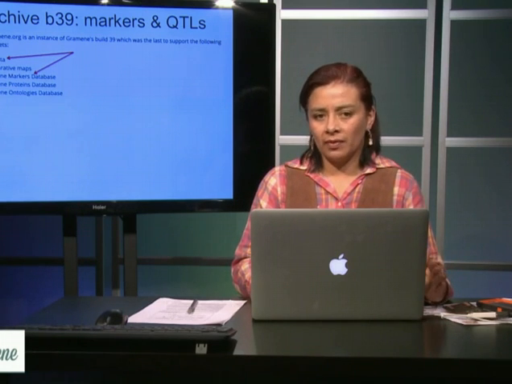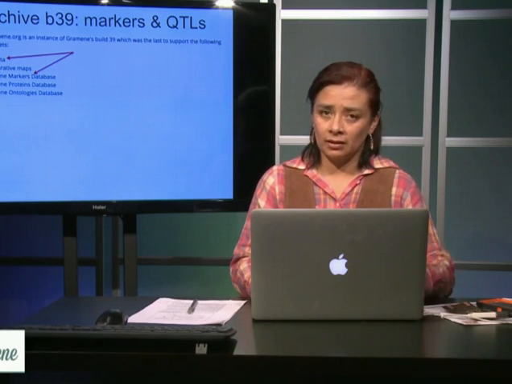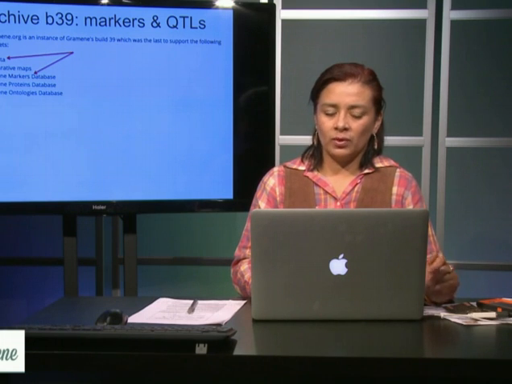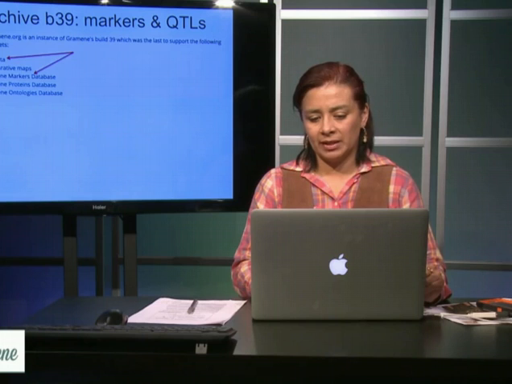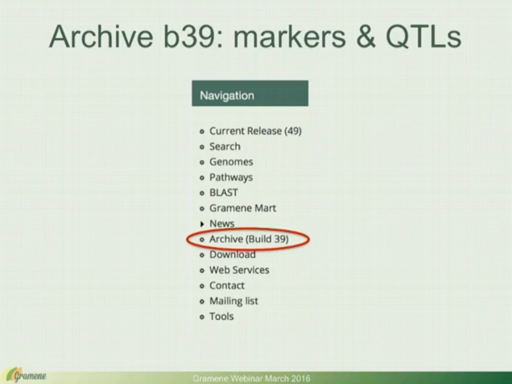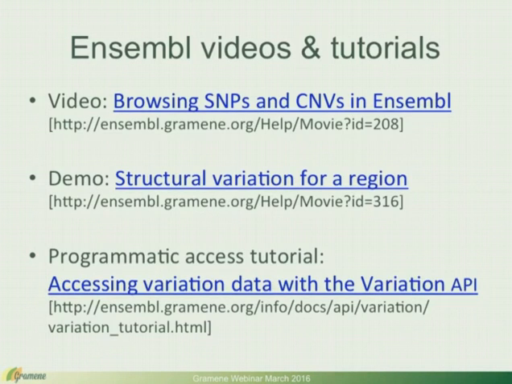At the moment, this is not actively maintained; it's only kept as it was, but we are working towards bringing those back, mapped to the current assemblies. Anyway, if you still want to look at the legacy data, you can go to the archive by going to either of these links, here on the navigation left bar from the front menu or at the bottom of that same page.